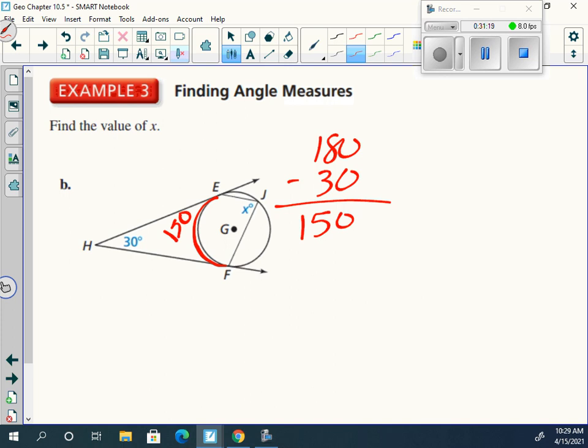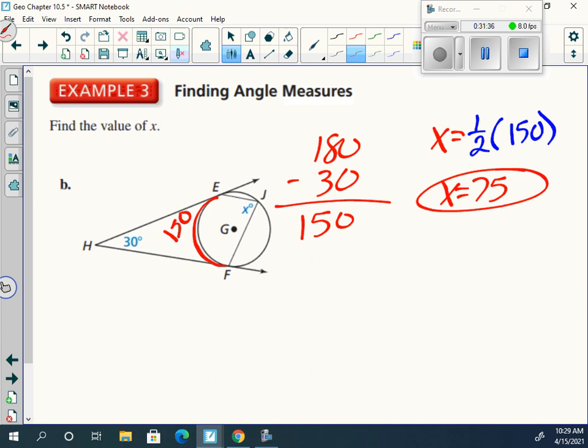So I know that this is 150 degrees. I'm wanting to find the inscribed angle, and well, the inscribed angle is equal to half of 150, so x would be 75. We could go about it either way.